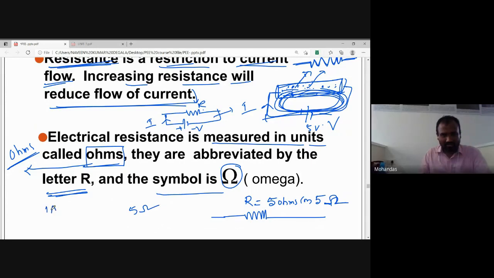Like 1 ampere current, 5 volts, you can write 5 ohms.